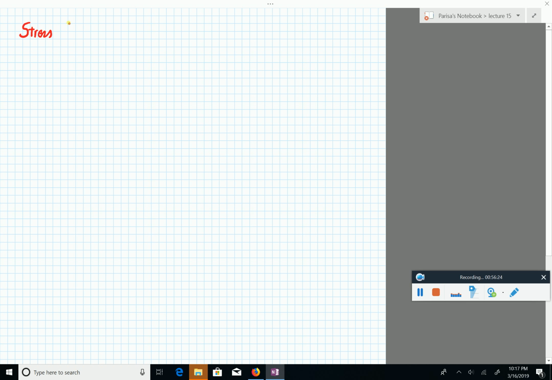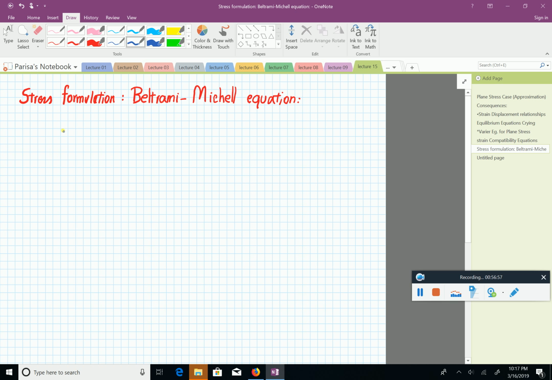A stress formulation, the Beltrami-Michel equation, takes the form Laplacian of sigma xx plus sigma yy is equal to minus (1 plus nu) times (fx comma x plus fy comma y).